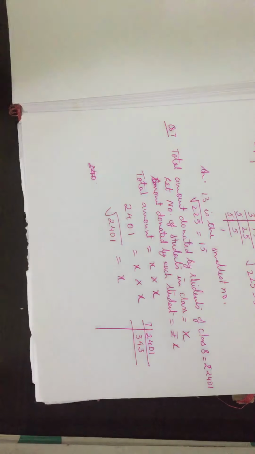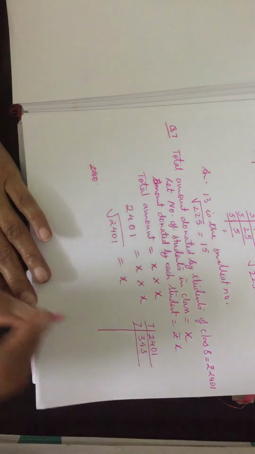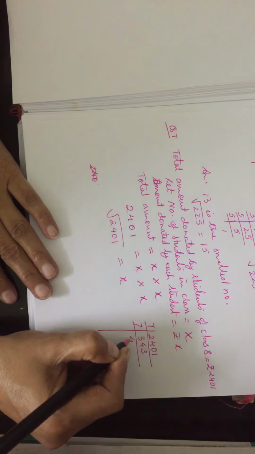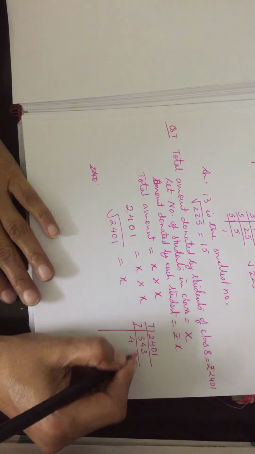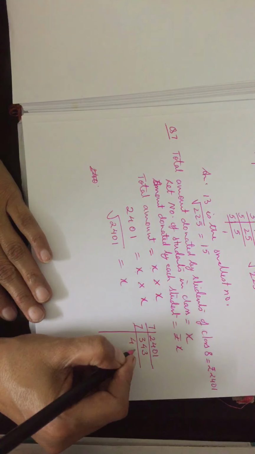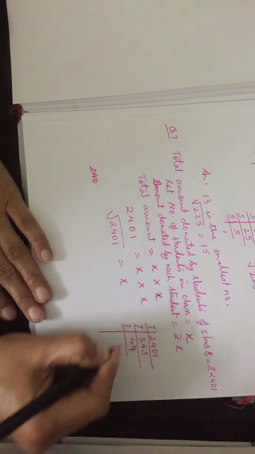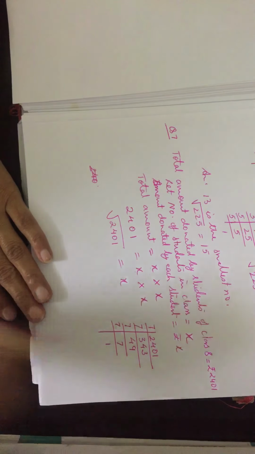We can again try by 7. 7 4s are 28. 7 9s are 63. 7 7s are 49, and 7 1s are 7.